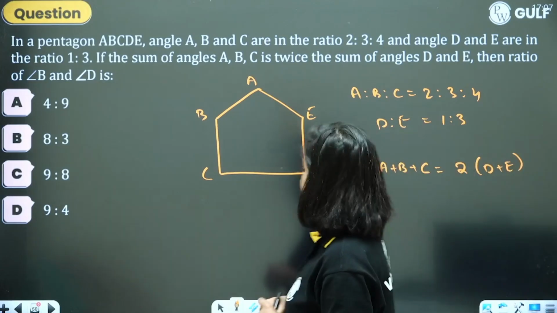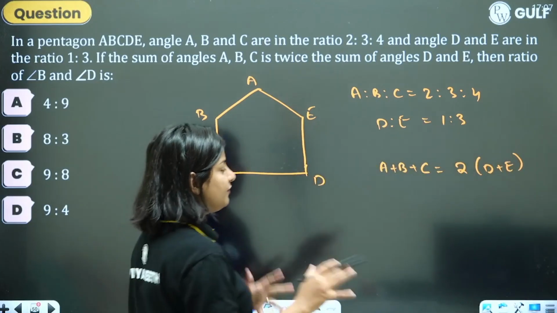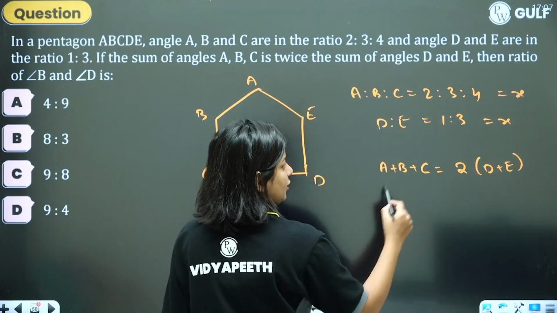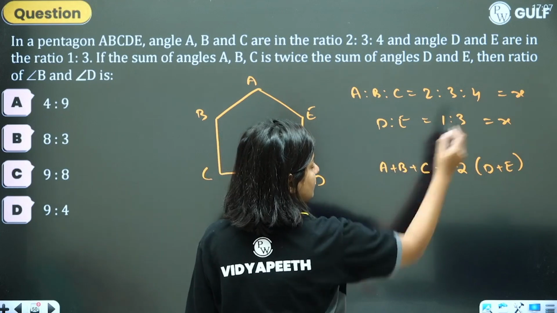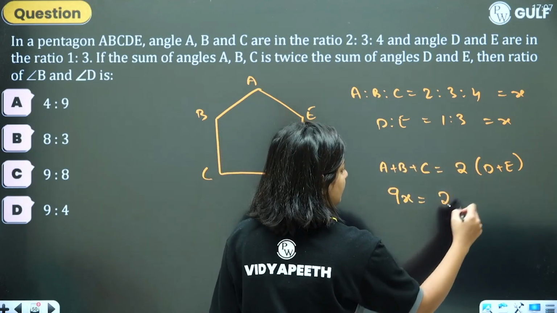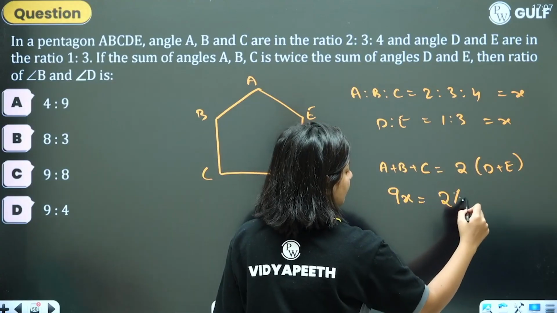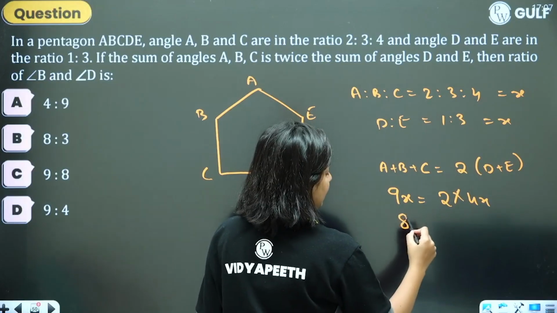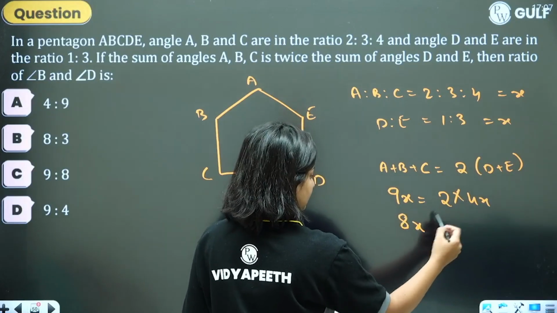Okay, so if I say let the common ratio be x. So that means A plus B plus C will be 2 plus 3, 5 plus 4, 9x. Twice D plus E, 1 plus 3, 4x. 8x, sorry, yeah.